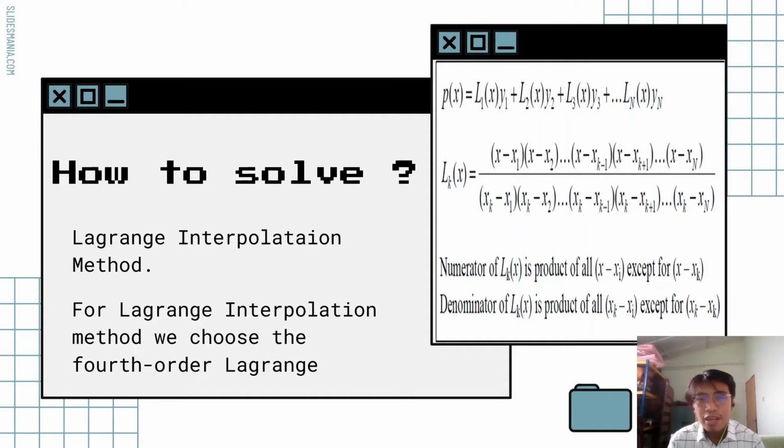So x is 100 and it will be substituted into the formula. Then for the interval value, let's say the interval from 1 is 0.5, and then x1 will be 0.5, and it will continue until the 5 different points.